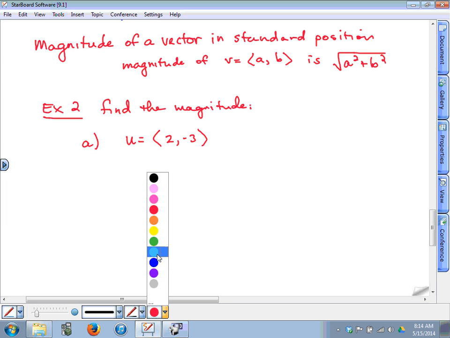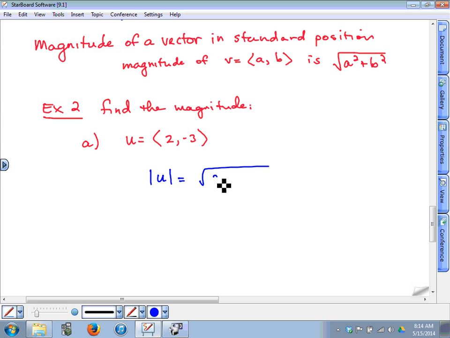Oh, the notation, by the way, I did mention this briefly last time, but the notation for magnitude is this. So the magnitude of u is equal to the square root of 2 squared plus negative 3 squared.